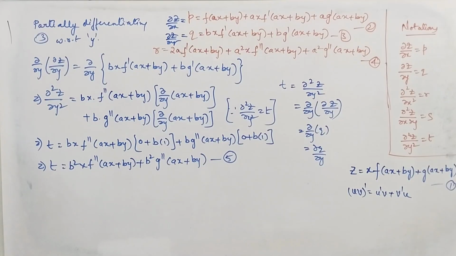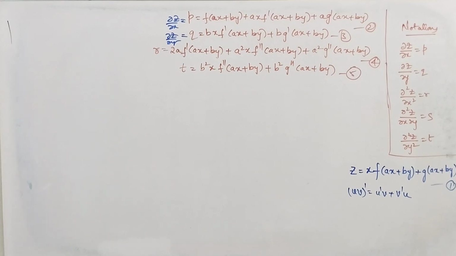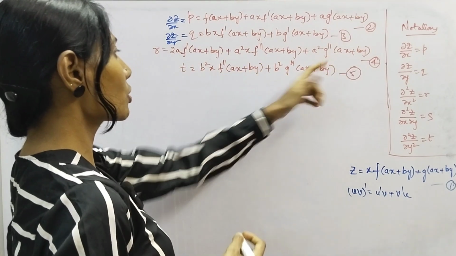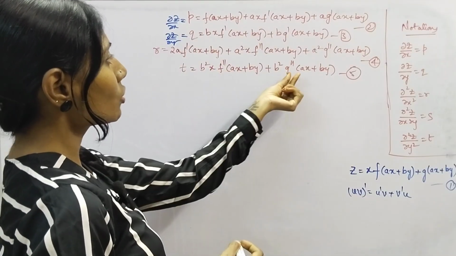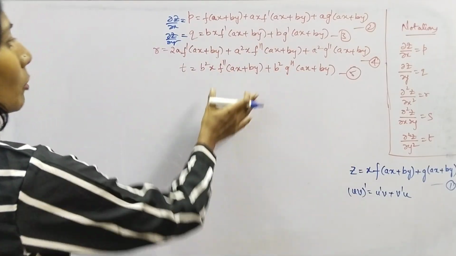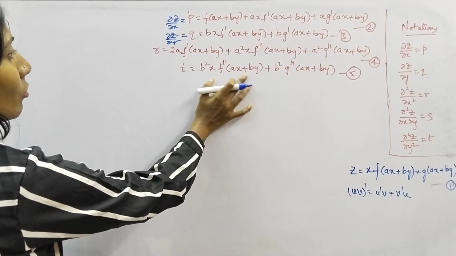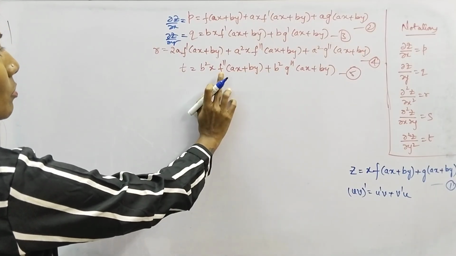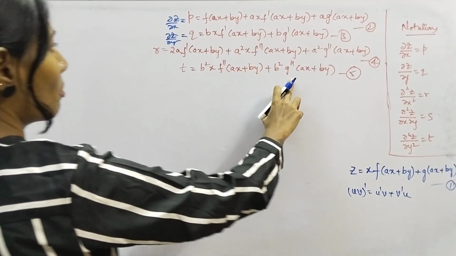Now observe all the equations and see whether you can find partial differential equation or not. See here in r you have f dash, f double dash, g double dash. Here you are having f double dash, g double dash. If you take b square common from these two terms, you will get t equal to b square times x into f double dash plus g double dash, right?